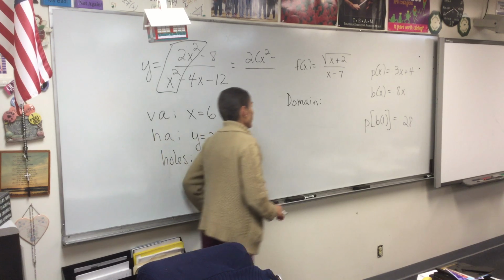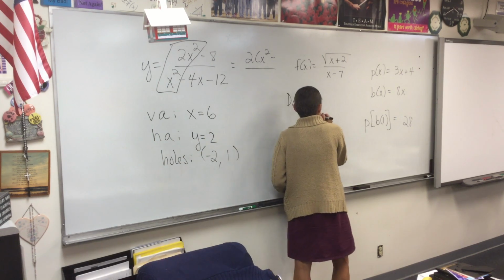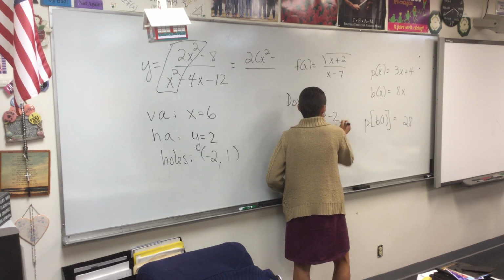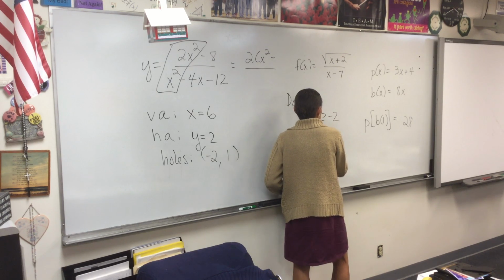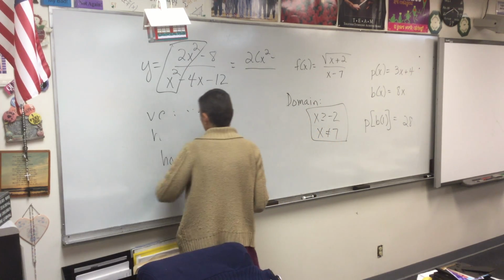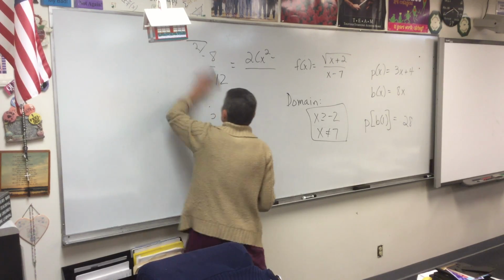All right, Mazzy, what do you think? For the radical, I have x is greater than or equal to negative 2. And then the bottom one I have is x can't equal 7. Yays or nays? Yes, she has got it. Very, very good.